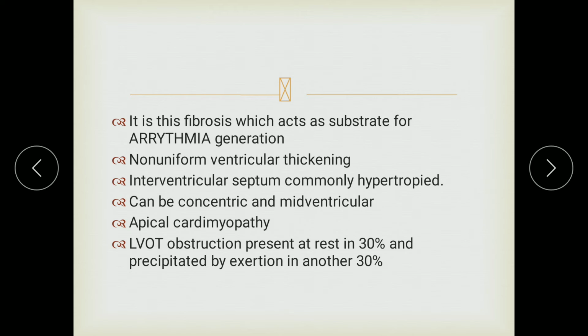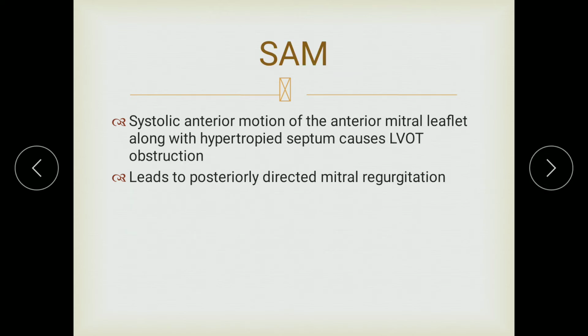LVOT, that is left ventricular outflow tract obstruction, is present at rest in 30% of the patients, that is one third of the patients, and one third of the patients develop this LVOT obstruction during exertion. A classical feature of HCM is the systolic anterior motion of the anterior mitral leaflet, which pulls the anterior mitral leaflet into the left ventricular outflow tract.